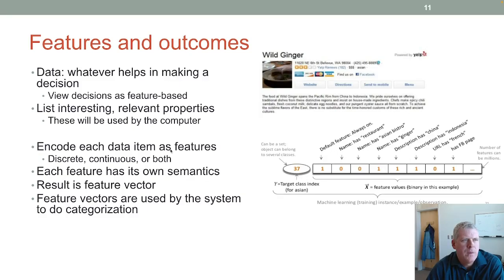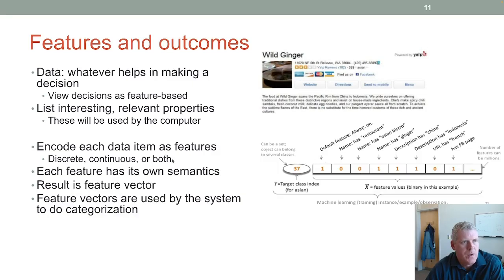And the data types can be either discrete or continuous or both, right? You can have just zeros and ones like yes, no. Or they could be continuous like a number, whether a floating point number, that is a number with a decimal point, or an integer, like the number of diners per night, the average number.